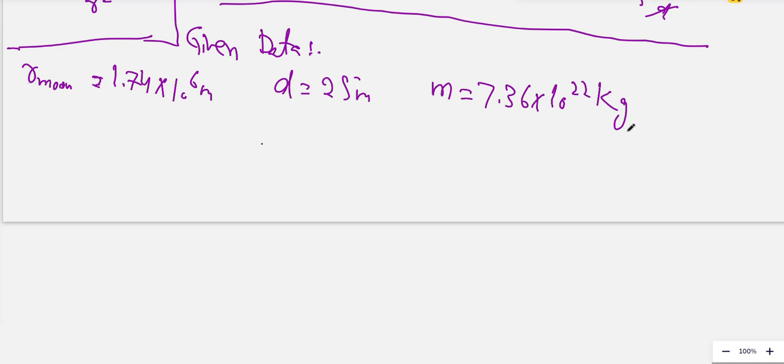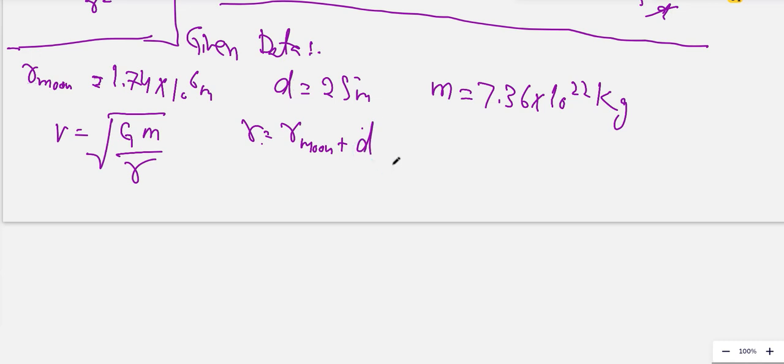Because we have the formula V is equal to under root G M over r, and right now r is equal to r Moon plus distance d. And then we have to sub the values.